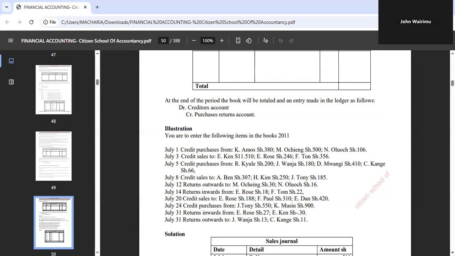I would like to know which items are in each category. So meaning that here you are not opening only one account. You're going to open sales journal, purchases journal, return inwards journal, and purchases return journal. I'll give you 10 minutes. It is 8:49. By 9, you should have attempted and given me some figures.